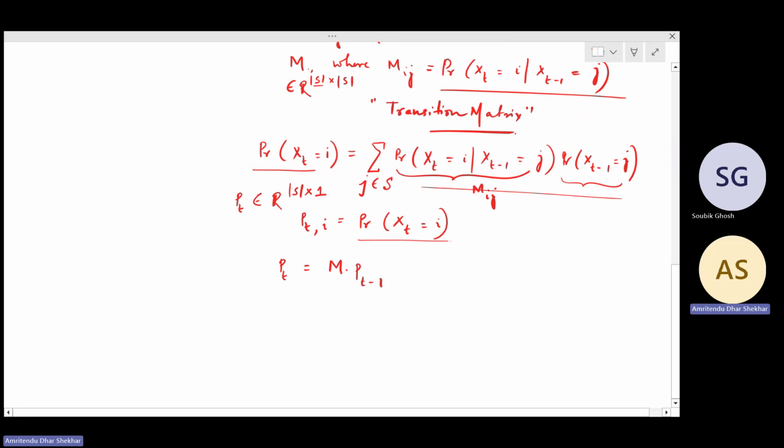Okay. If you notice carefully, if Mi is the ith row of M, this expression is basically the inner product of Mi times pt minus 1.